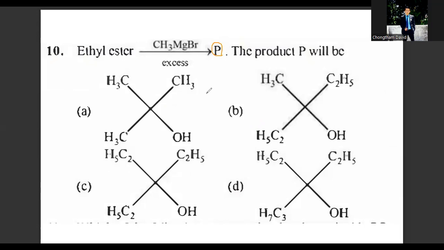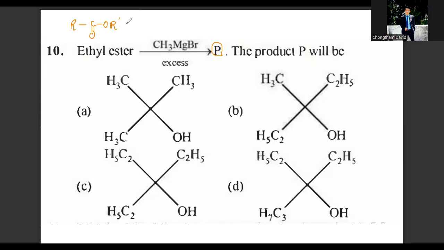Recall that esters react with excess of Grignard reagent to form tertiary alcohol having at least 2 identical alkyl groups corresponding to the Grignard reagent. To have a better understanding of this question, I will give you the general reaction. What is this? Ester, alkyl alkanoate.